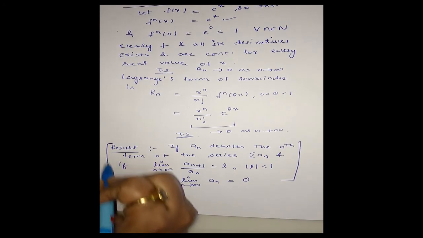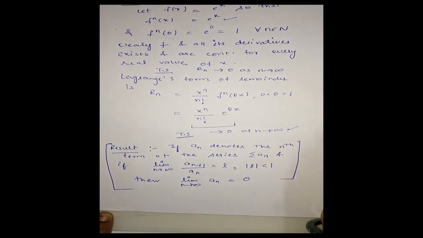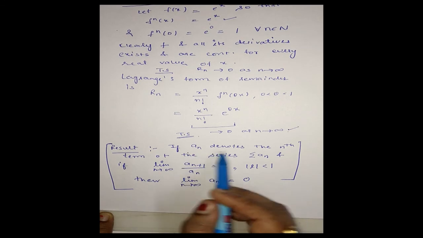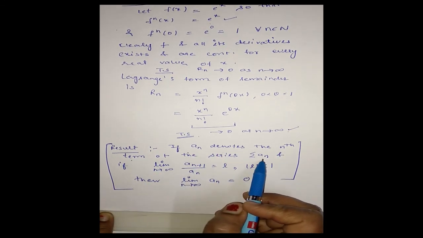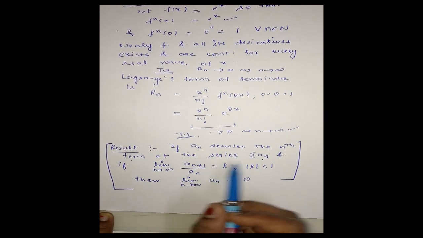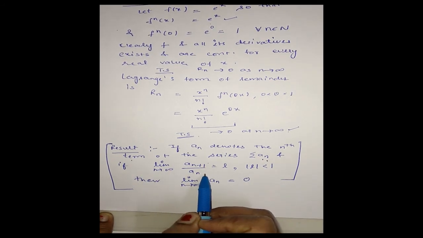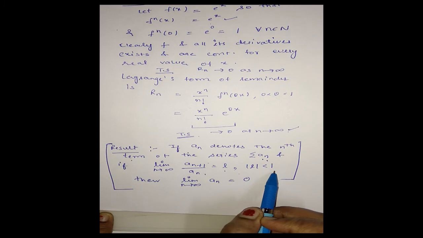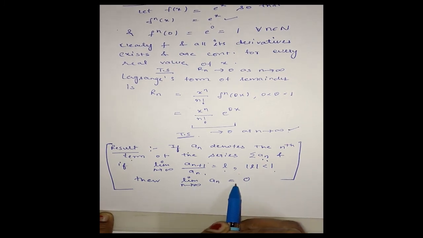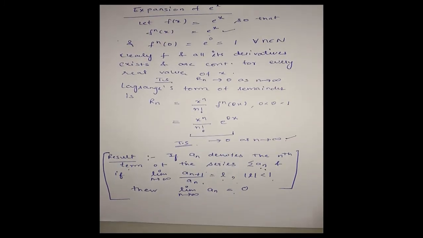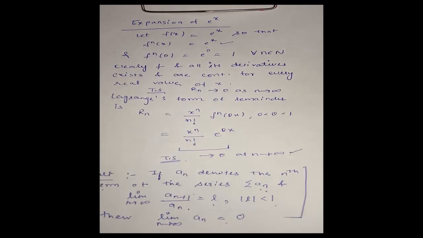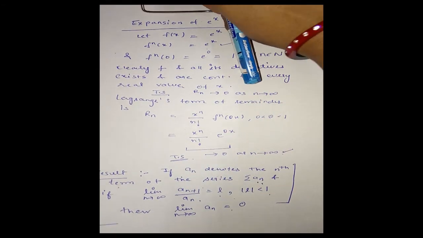This result we are going to use here. Okay, if an denotes the nth term of the series and a(n+1) is the (n+1)th term, and the limit of a(n+1) divided by an is L, where mod L is less than 1, then this limit is equal to 0. Now we are going to use this result in this particular expansion of the exponential.